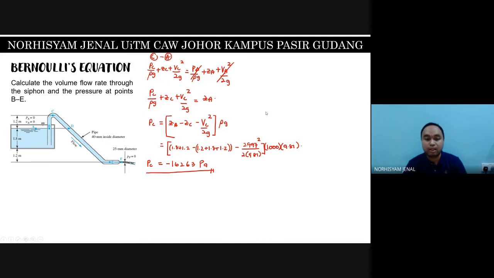Okay. The next one for this should be PD. And PD should be a very simple condition. Why? Because B and D are at the same location, the same elevation, inside a pipe.